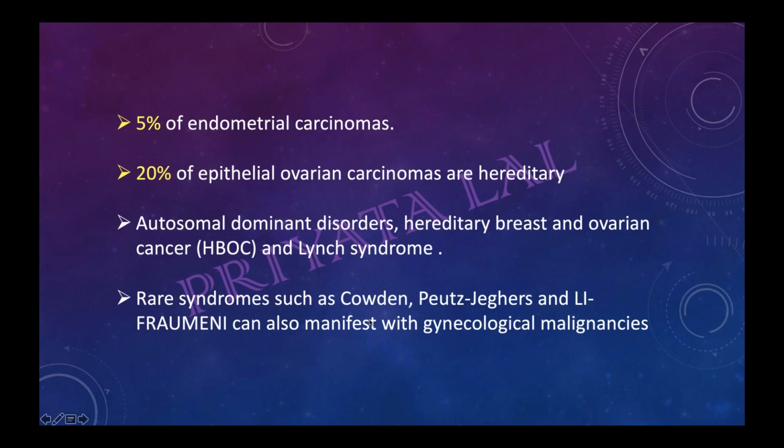Not all SIPs are to be done, but this is an important SIP. Cowden, Peutz-Jeghers syndrome, Li-Fraumeni also manifest with a gynecological malignancy. But these are very rare, and usually I have not seen questions, so details of these syndromes I never put.